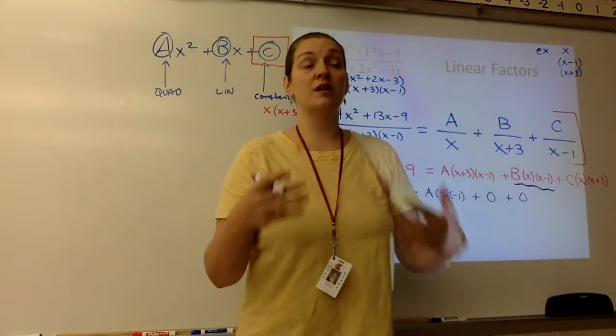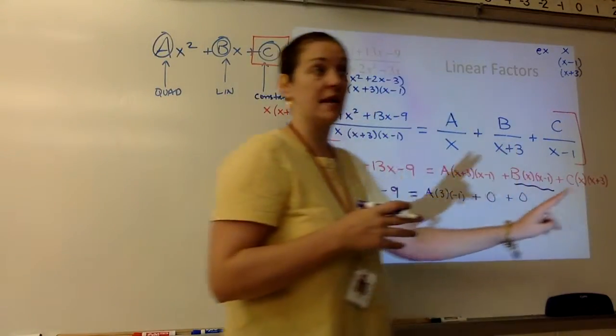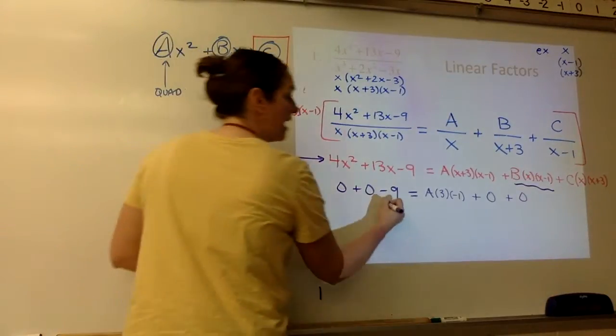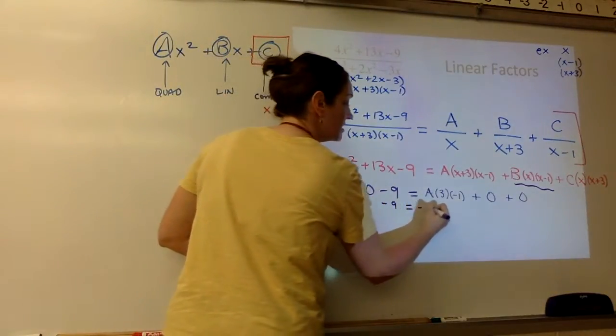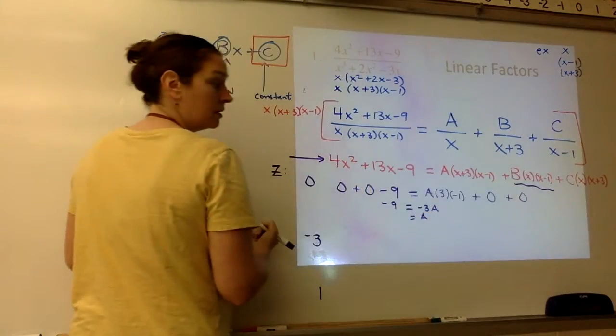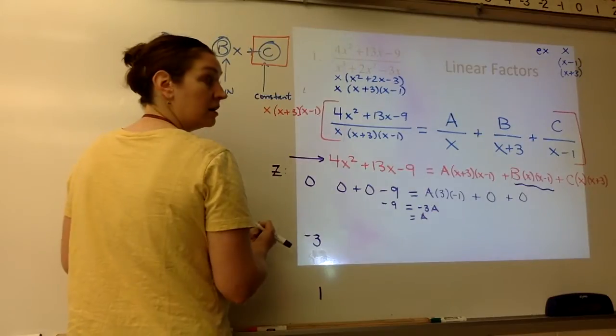This is why this strategy works, because notice we've now eliminated 2 variables, B and C. If I solve the equation that's left, -9 is equal to -3A. What's A equal to? A is 3.